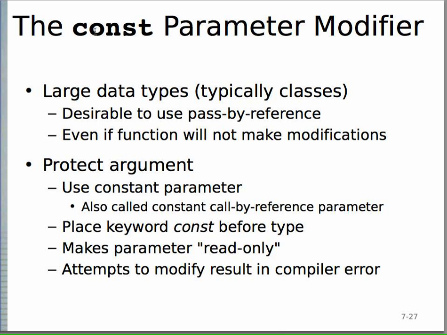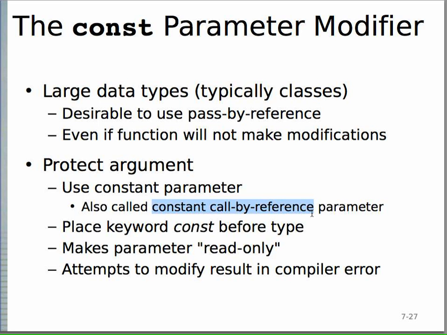Okay, so this const doesn't make things more efficient. What it does is make things safer. So if you're passing in large data types, like say classes, it's often desirable for efficiency to have them be passed by a reference rather than passed by value, because you're not going to make a complete copy. And so to protect these arguments that are passed by a reference, we use the const modifier. So this is called constant call by reference parameter.